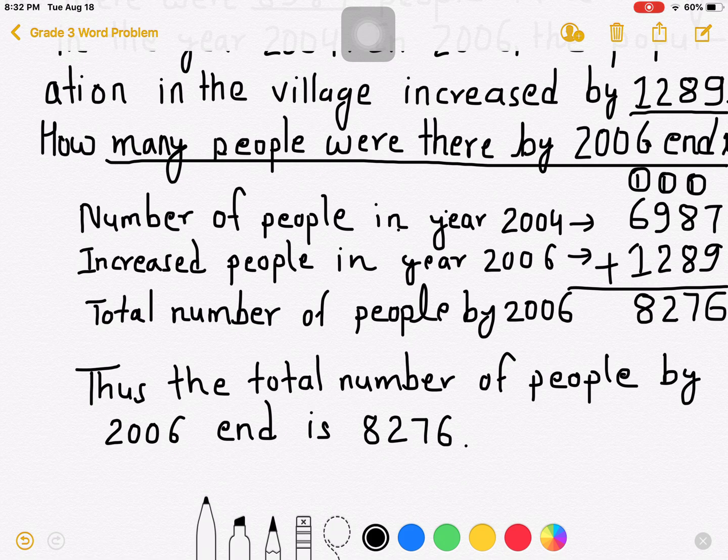You can make your own sentence to give the conclusion. You can give the conclusion in another way also, like: thus by the end of 2006 there were 8,276 people. Understood?